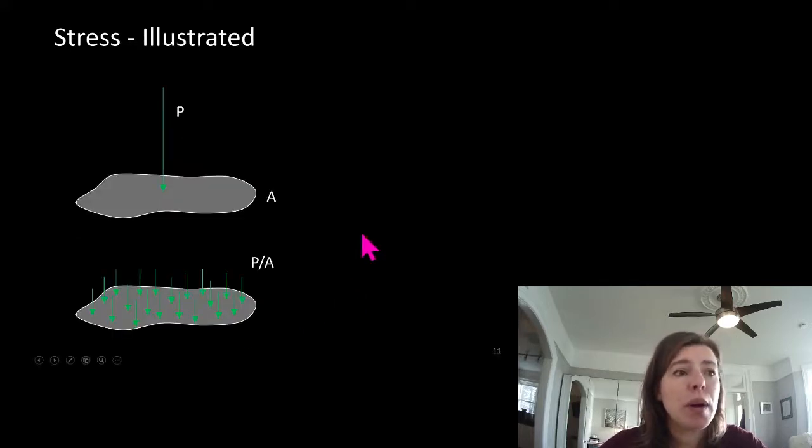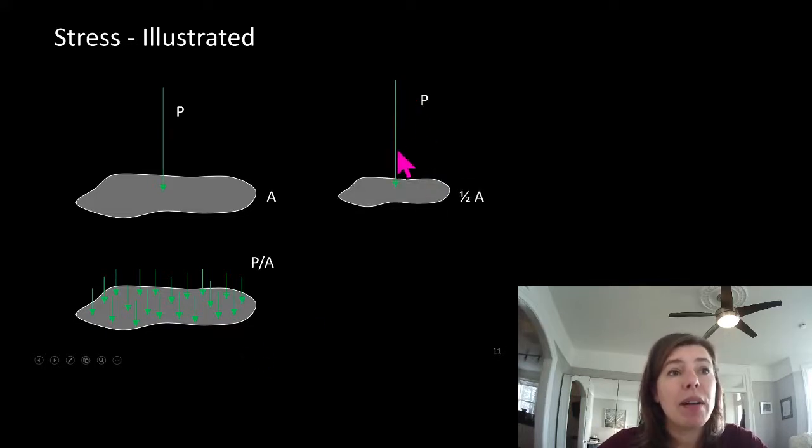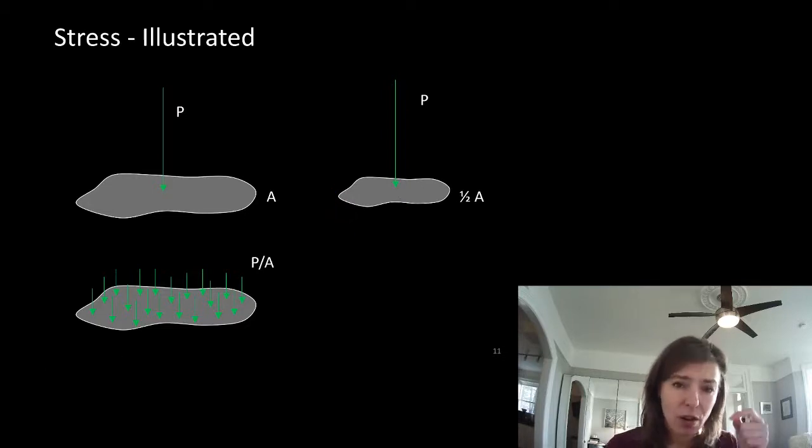So let me just show you what I'm talking about. If we have a force over some blob of an area, our stress is that force spread evenly over that area. If we have the same force over half of the area, do you think the stress is higher or lower? We have the same force but half the area.